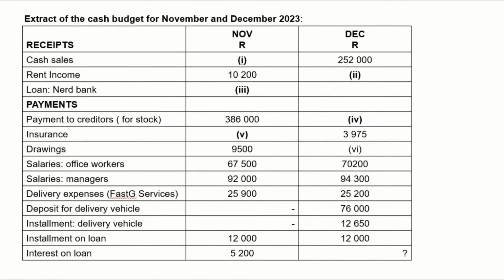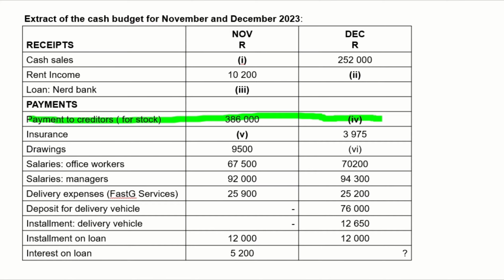Okay. So over here we have the extract from the cash budget for the month of November and also December. All right. So our main focus for today will be on the payment to creditors part. All right. So right over here is where we are focusing today.